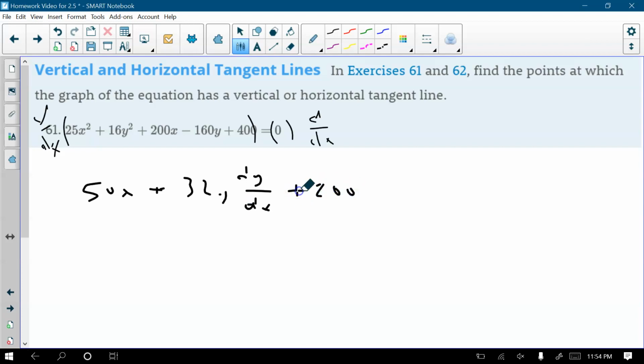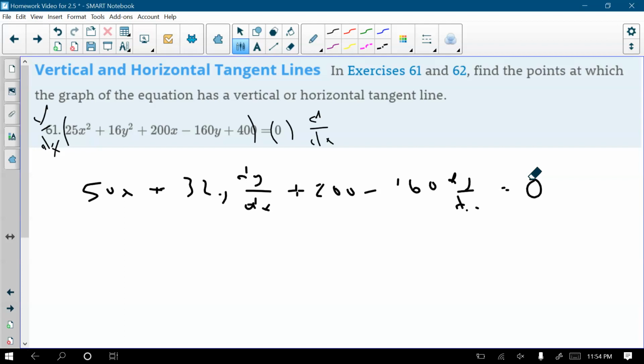It's like missing every other one. Minus 160. Oh my gosh, this is so annoying. dy dx. This is horrible. Equals, the derivative of 400 is 0, and then equals 0.